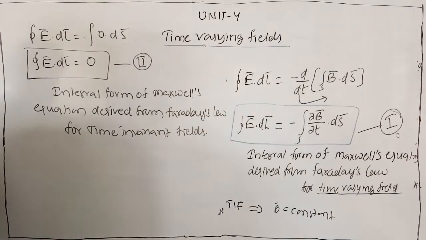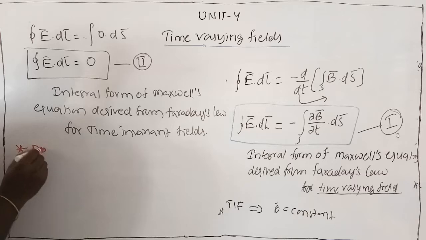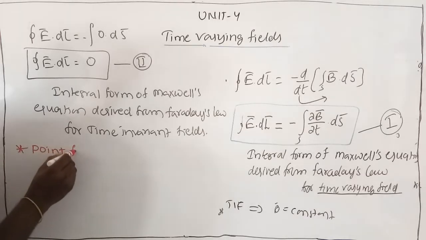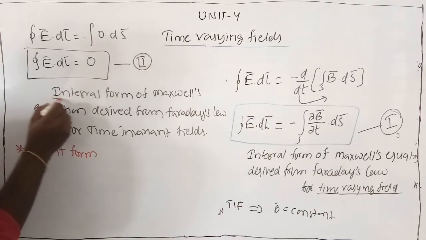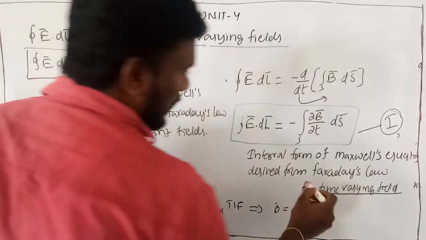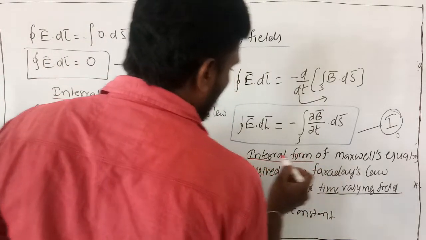Next one is about the point form, in continuation. So these are the integral forms. These two equations, Roman letter 1 and 2, are integral forms.